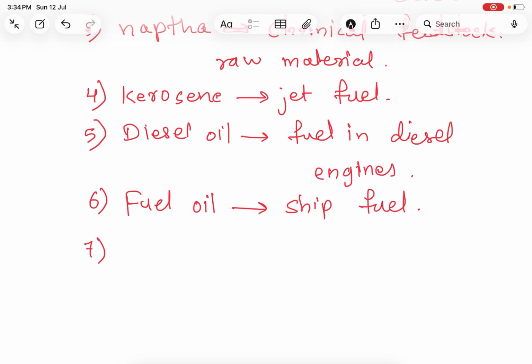Then we have lubricating oil, which is used in making wax and polish.